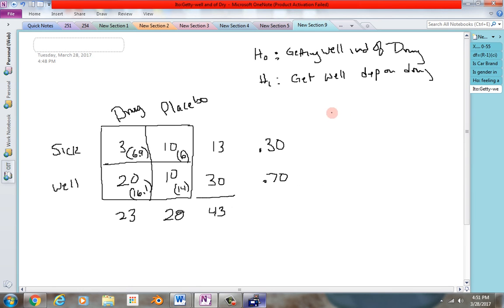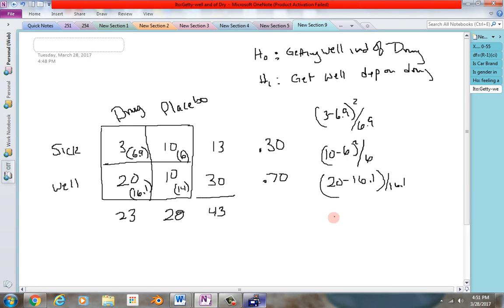And so, clearly, it's going to be 3 minus 6.9 squared divided by 6.9. And, of course, it's going to be the observed minus the expected squared divided by the expected. And then it's going to be 20 minus 16.1 divided by 16.1. And then, of course, it's going to be 10 minus 14 divided by 14. Of course, this is squared, as is that.